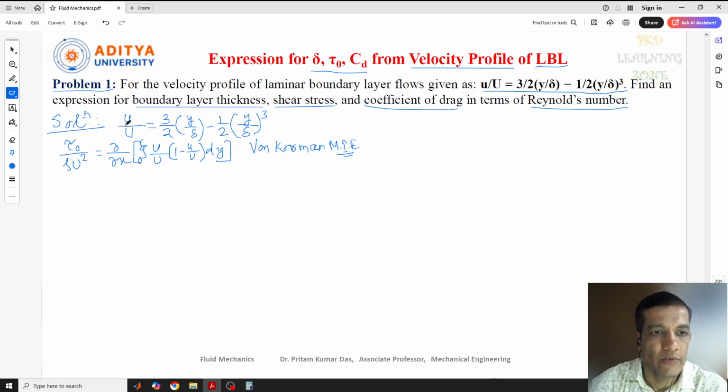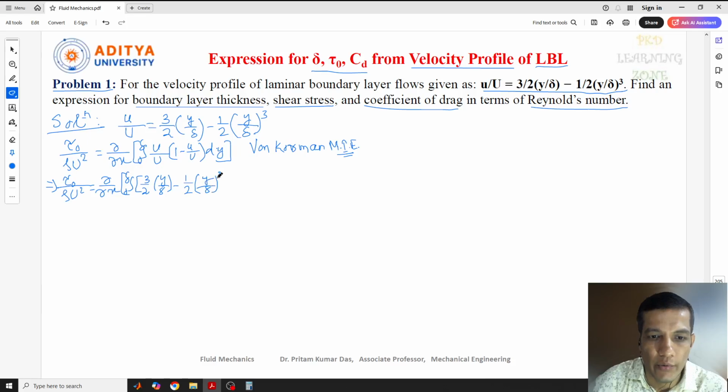After substituting the velocity profile, the equation is written as tau naught by rho U square equal to d by dx of the integral from 0 to delta of [3 by 2 y by delta minus 1 by 2 (y by delta) whole cube] multiplied by [1 minus (3 by 2 y by delta minus 1 by 2 (y by delta) whole cube)] dy.